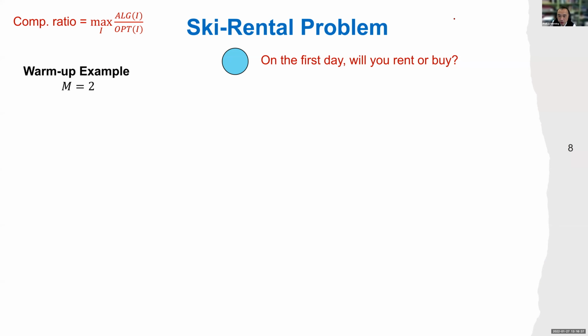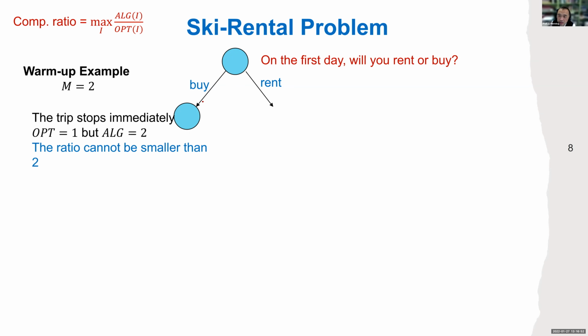This is something like a decision tree. On the first day, I ask you, will your algorithm buy or rent? You may say, okay, my algorithm will buy. Then I will tell you, okay, the season stops. And then you see the optimal solution is rent, but your algorithm buys.